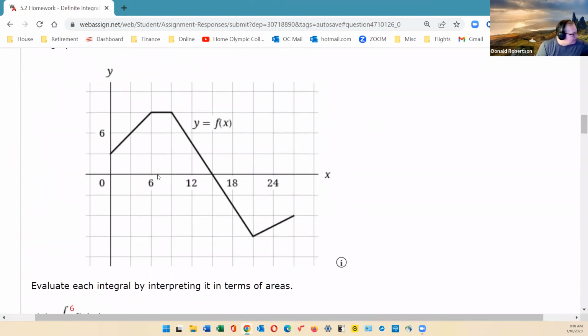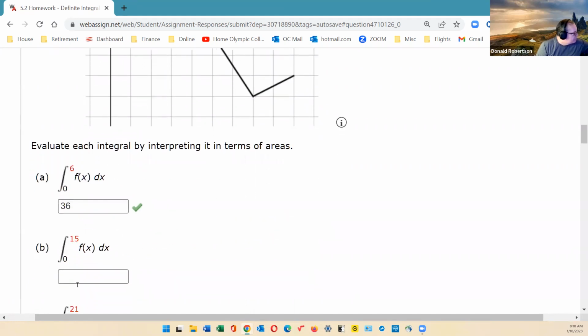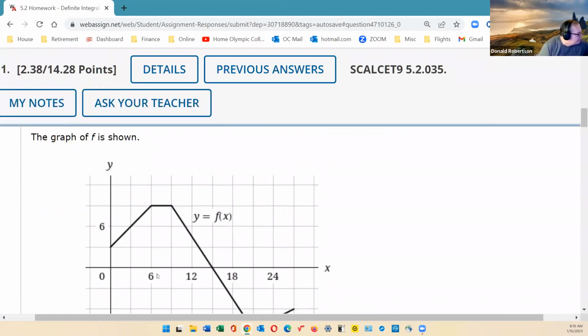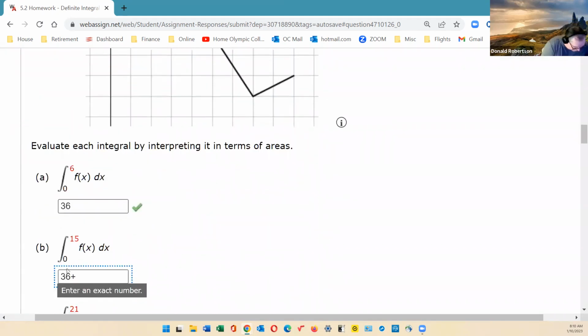Then I've got a little rectangle in the middle, which is 3 boxes, that's worth 3 and that's worth 9, so that's 27 for that guy. So what do I have? I have 36 for the piece on the left. The rectangle in the middle is 3 times 6, so that's 18.